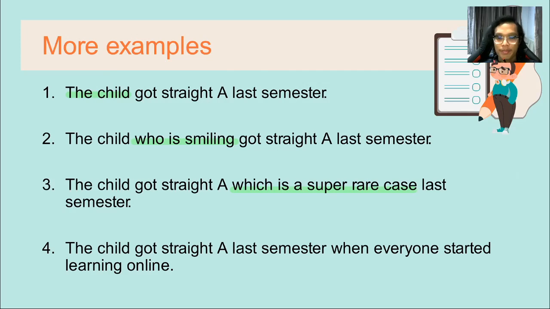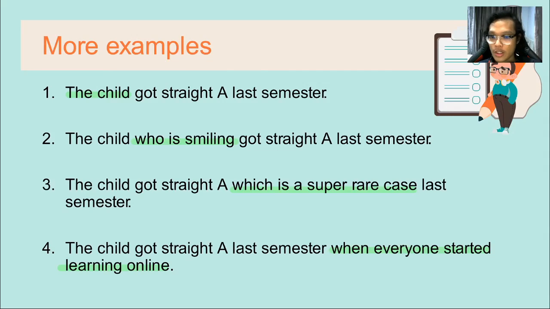So this is another adjective clause. And what about the fourth sentence? The child got straight A last semester when everyone started learning online. So this again, when everyone started learning online, is another adjective clause, but we do not specifically focus on the child.